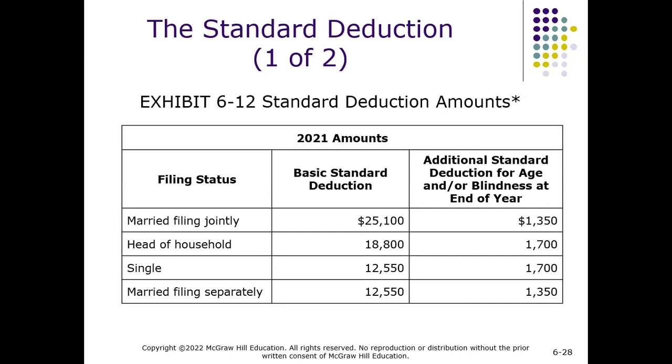Remember, it's the taxpayer and the spouse, not the dependents. Dependents' age and eyesight does not impact the taxpayer's standard deduction. So we calculate our basic and additional standard deduction. And if that amount is above our itemized, that's what we will take as our standard deduction. If it's below, we'll take our itemized.